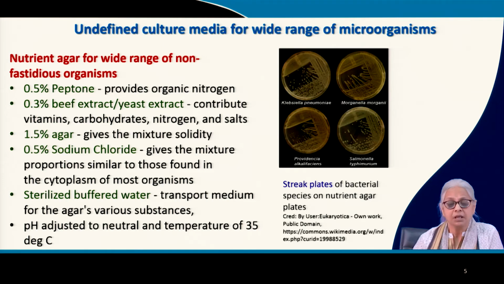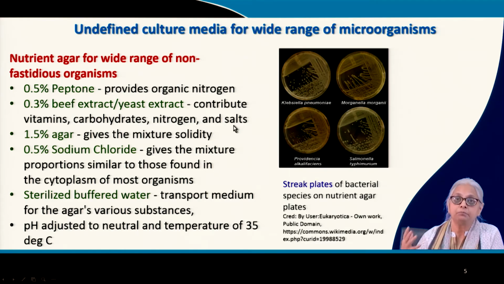Here we have an undefined culture media which can be used for culturing a large number of microorganisms. So nutrient agar, which is used very commonly, you can use it for any number of organisms, and you can see the kinds of materials that are used. You have 0.5% peptone to provide not just organic nitrogen but also other nutrients. Then you have 0.3% beef extract or yeast extract. It contributes vitamins, carbohydrates, nitrogen, salts, and so many other things.